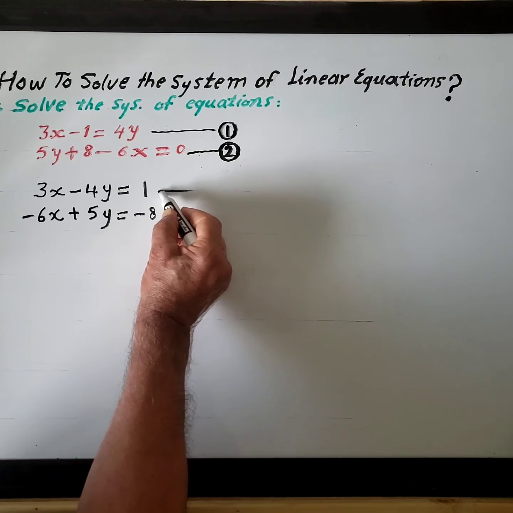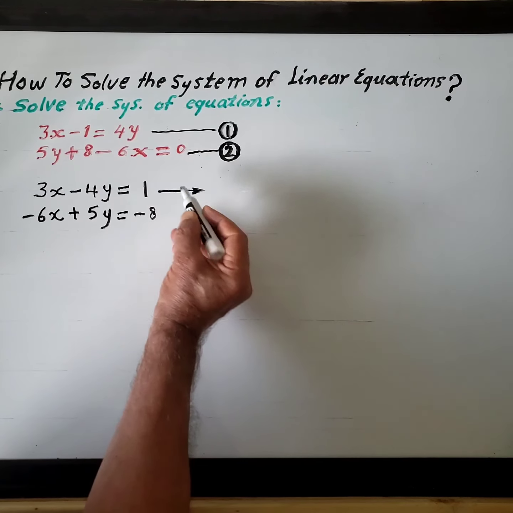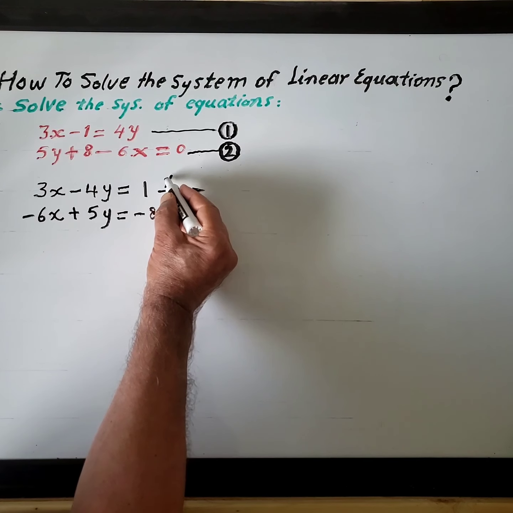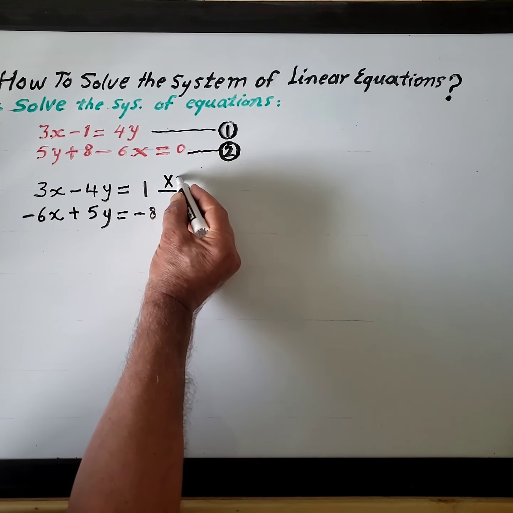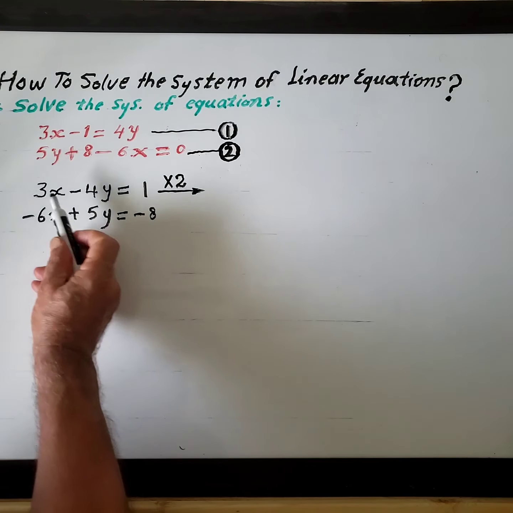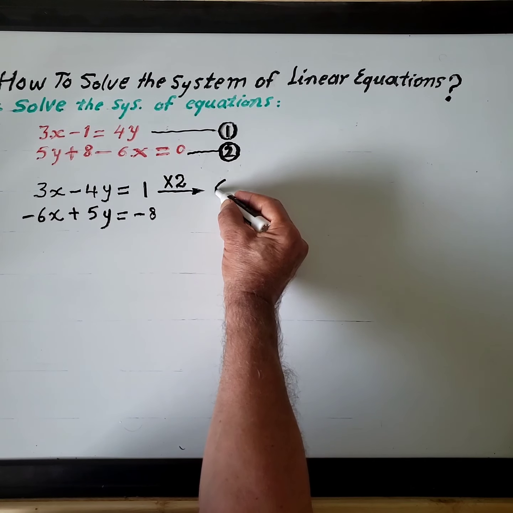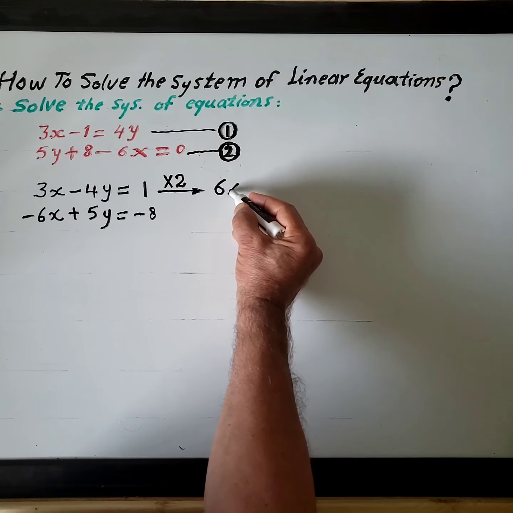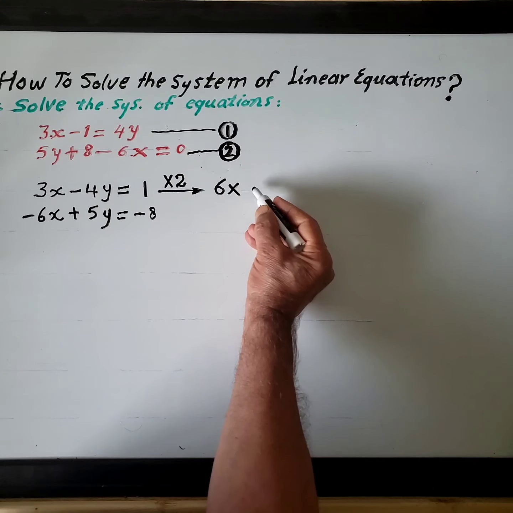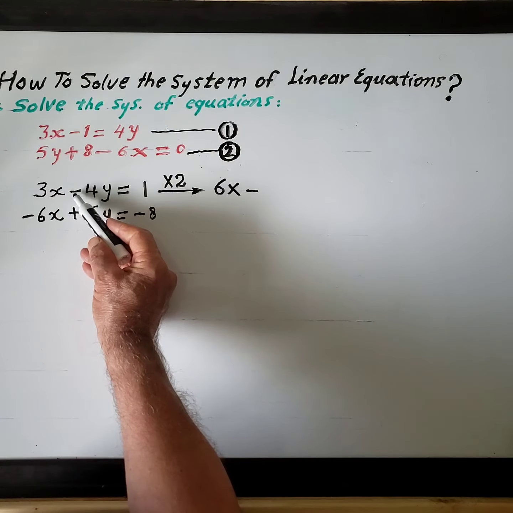multiply the first equation by 2. I multiply by 2. When I multiply this by 2, I will get 6x minus, here's the same.